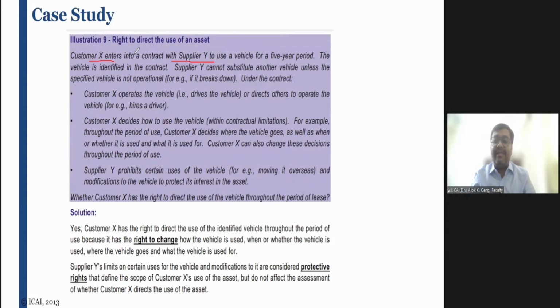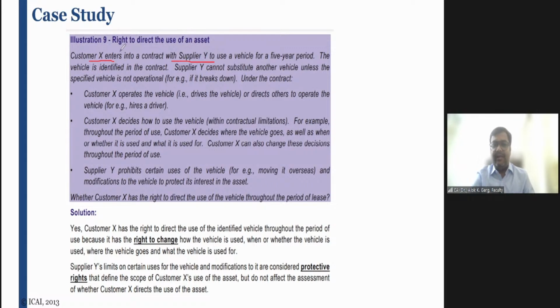Why? Because Ind AS 116 or IFRS 16 talks about transfer of control of use, right? Transfer of control of use. So that is why they are using the words customer and supplier. But customer means lessee, supplier means lessor.